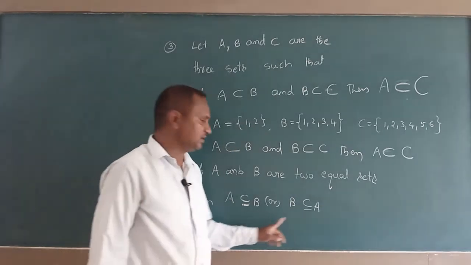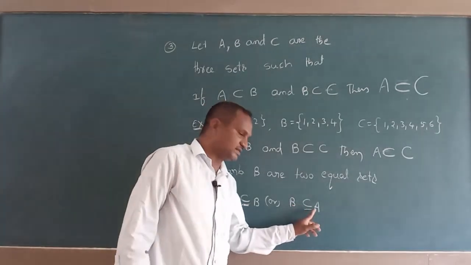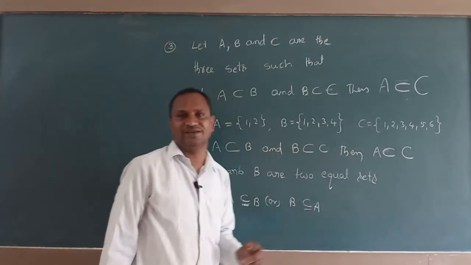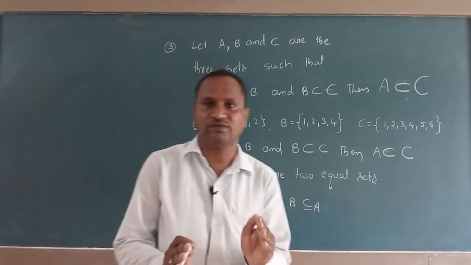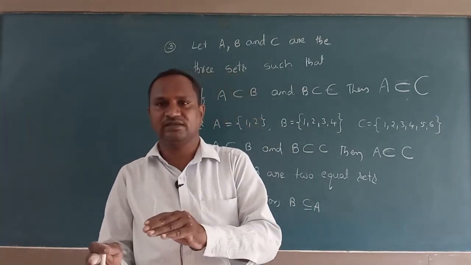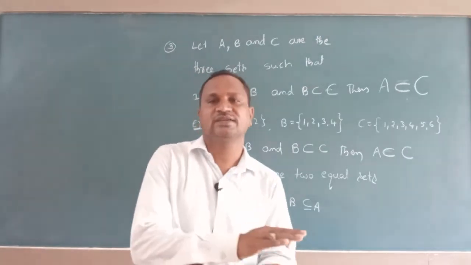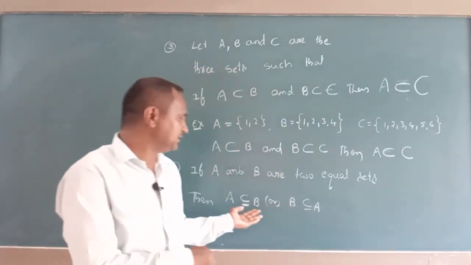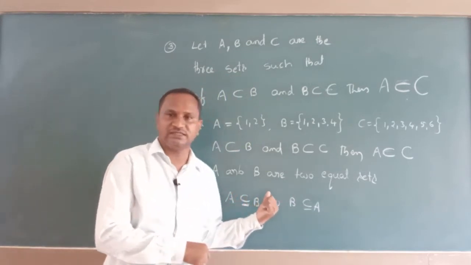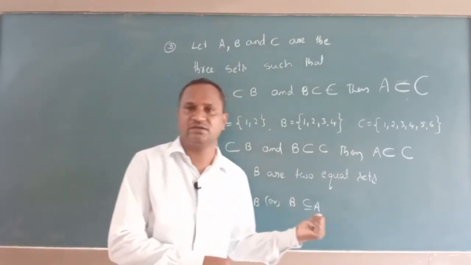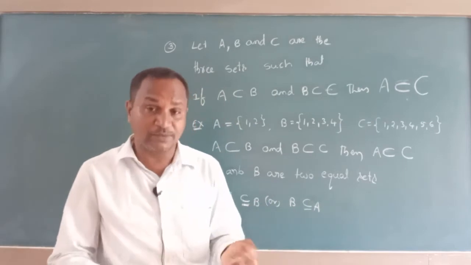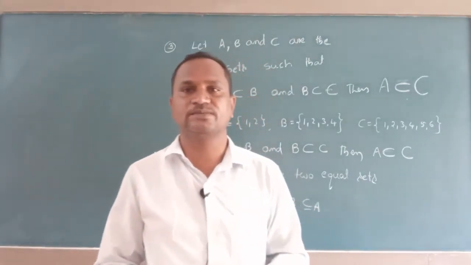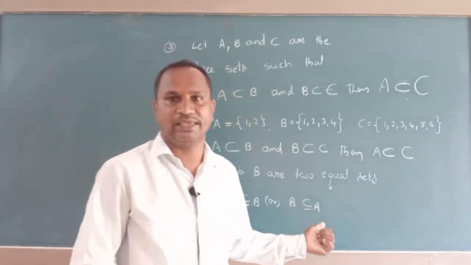B is the subset and at the same time equal. That means if A and B are equal sets, then A is subset of B and B is also subset of A. It is a very important condition. I'll give you one example in case of equal sets, how they become subsets of each other. I'll show you by examples here.